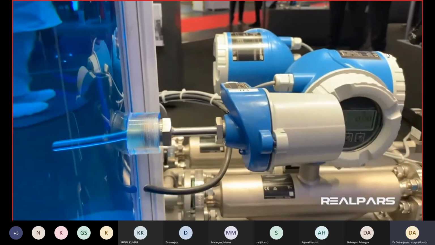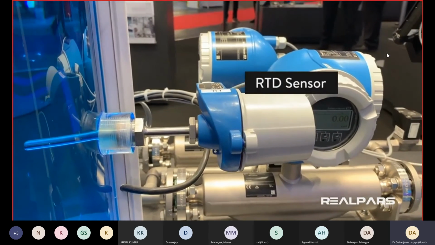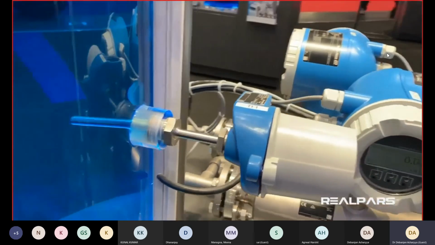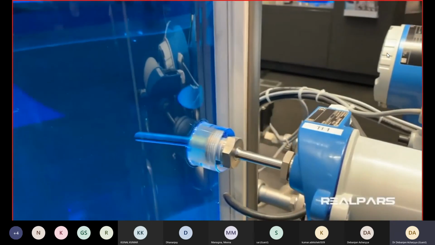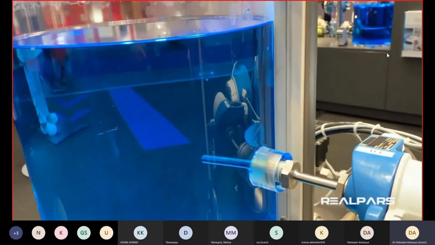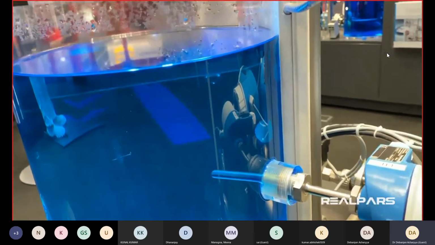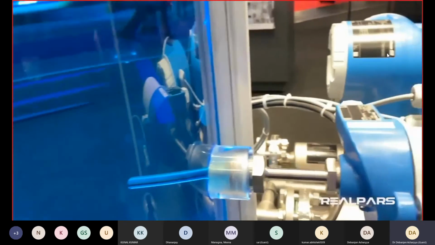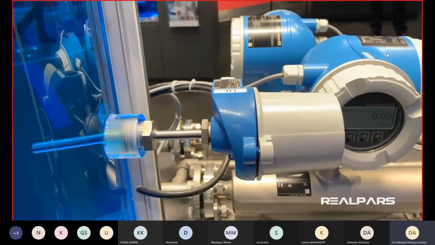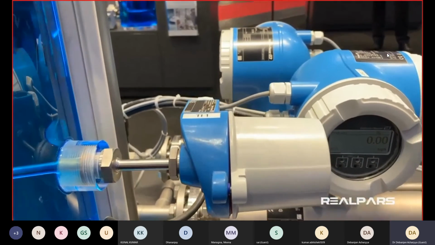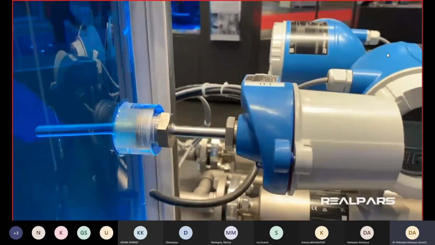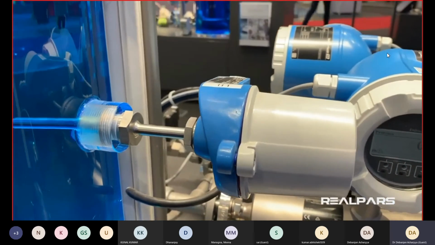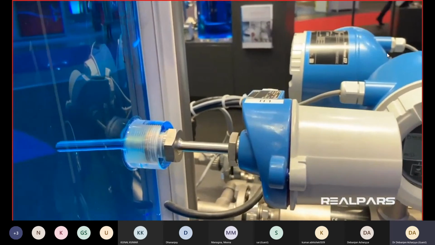This one here is a PT100, an RTD that measures the temperature of the liquid inside this tank. You see, this is how an RTD works.